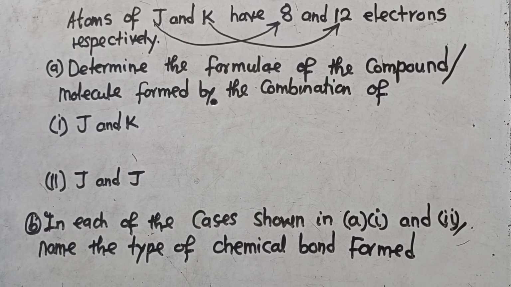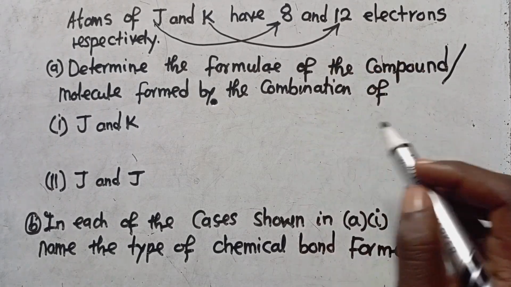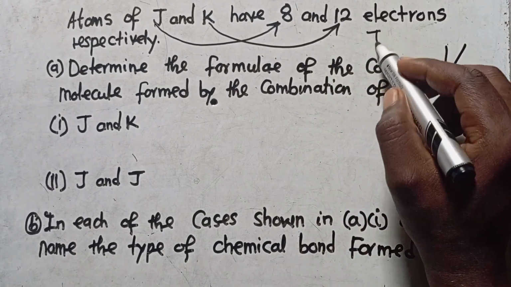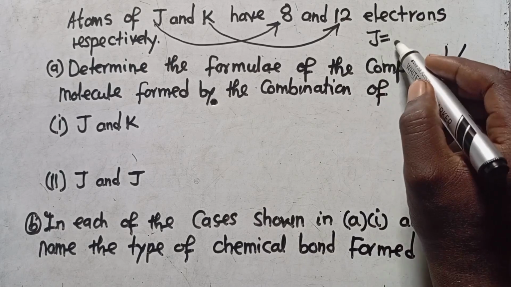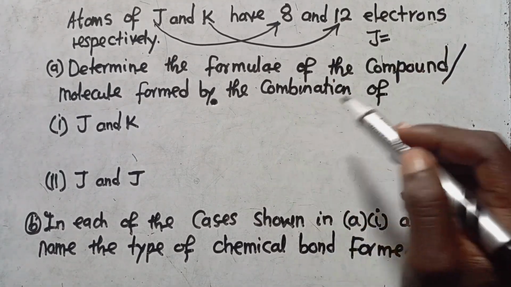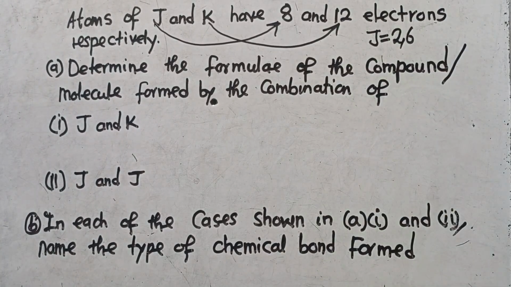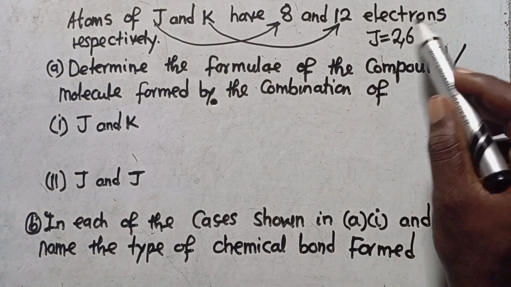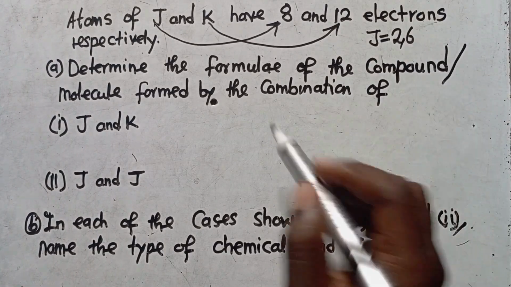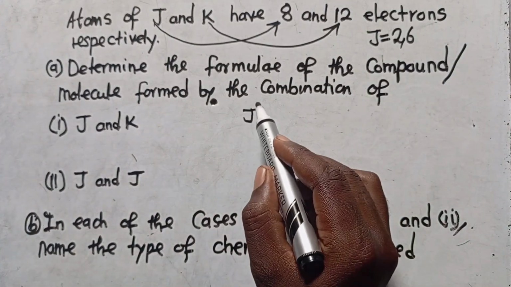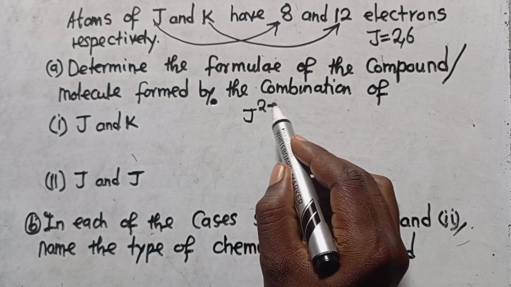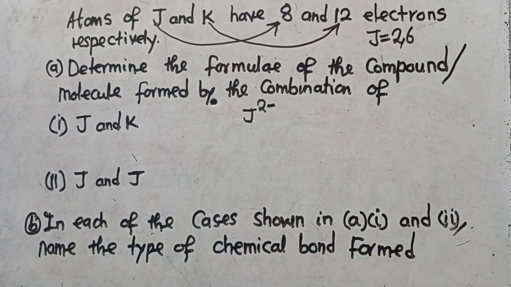So you know and understand that when J is having 8 electrons, for us to come up with the electronic configuration, it is just 2 and 6. This is to tell you that for J to be stable, it must gain 2 electrons. So it is J like that, then 2. Since it is gaining 2, I put a minus there.